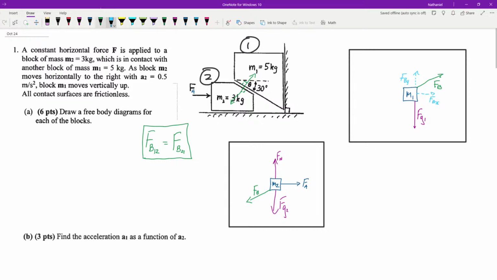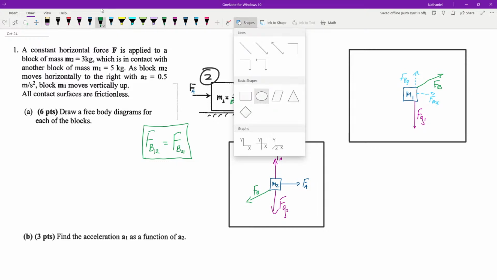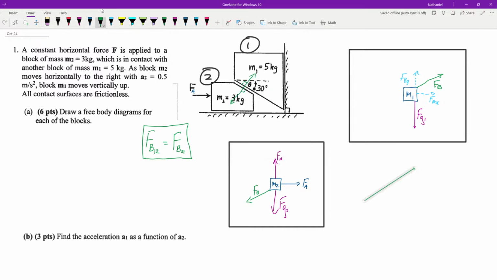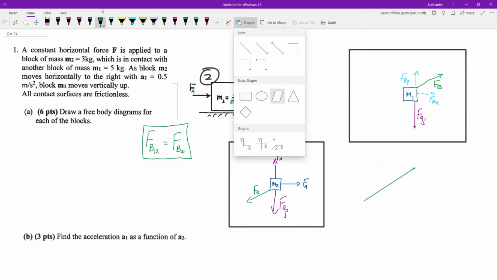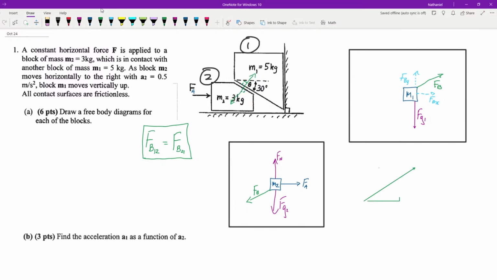This is a university mechanics course, so we should be comfortable breaking things into components, and it should be relatively instinctual. So this is FBY, this is FBX, and together with our old Greek friend Pythagoras, they make up FB.